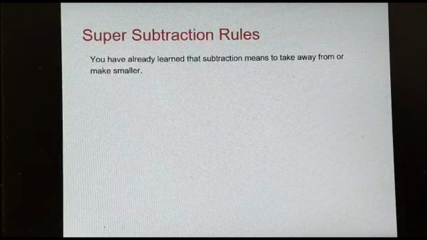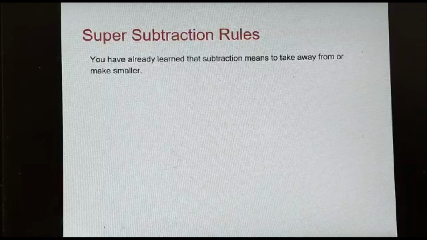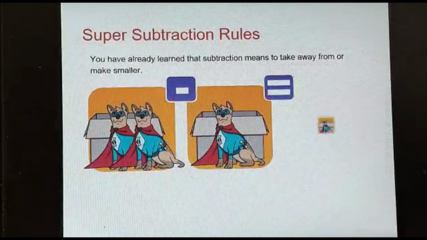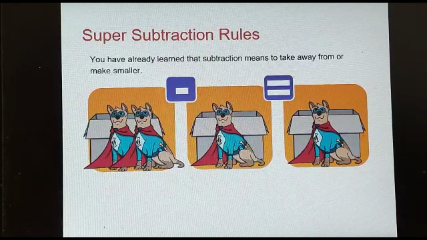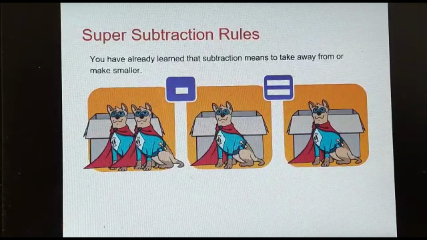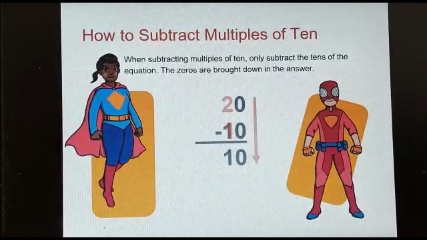We will be telling them that they have already learned about subtraction, which means to take away from or make smaller. Yes, with the help of super dogs, we are going to make them understand what the sum is. So they will be telling that 2 dogs minus 1 dog is equal to 1 dog. And this they have already learned using the vertical method.